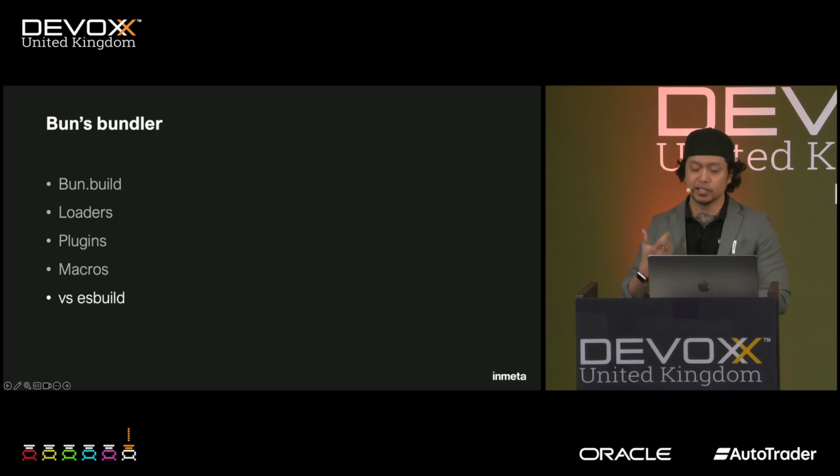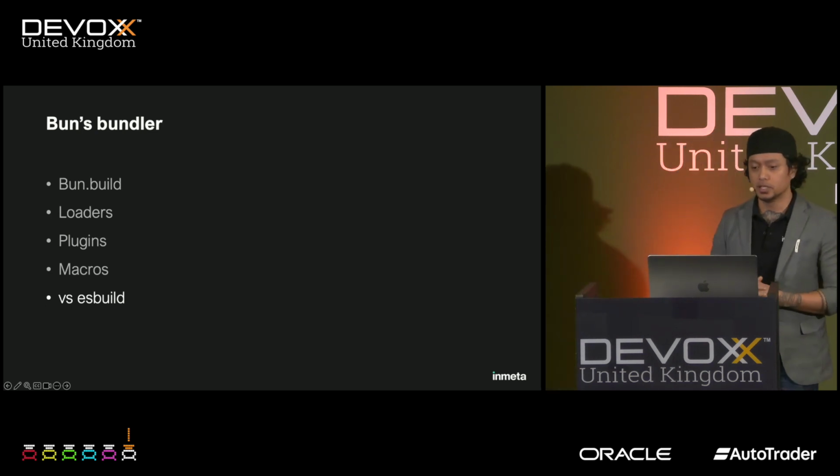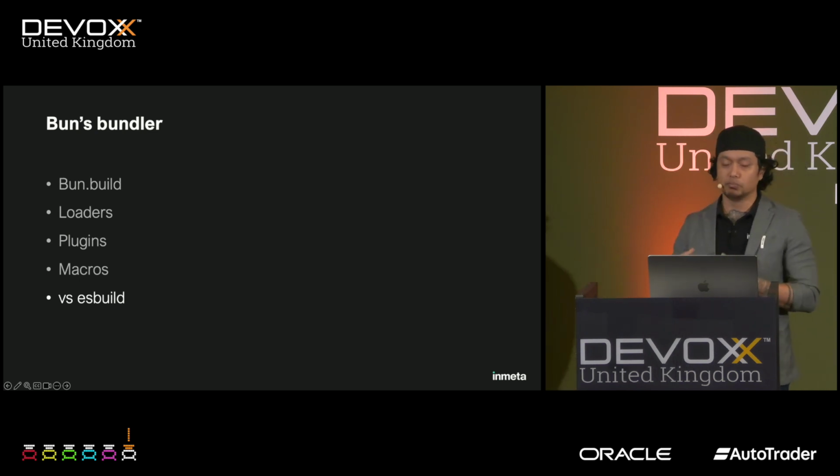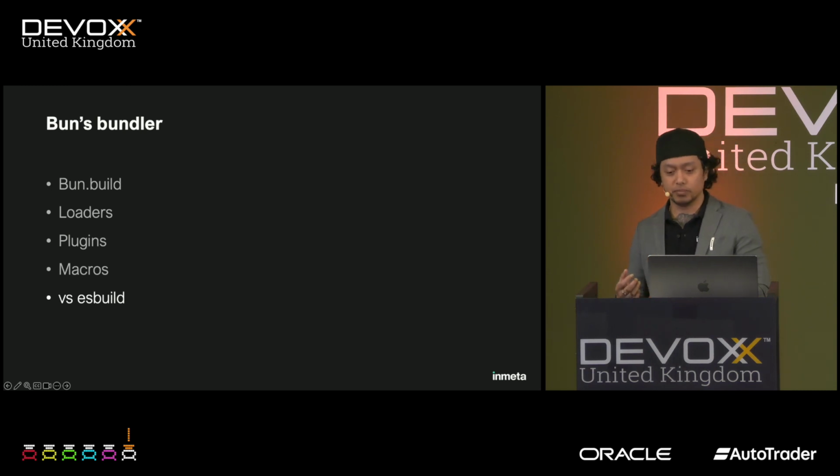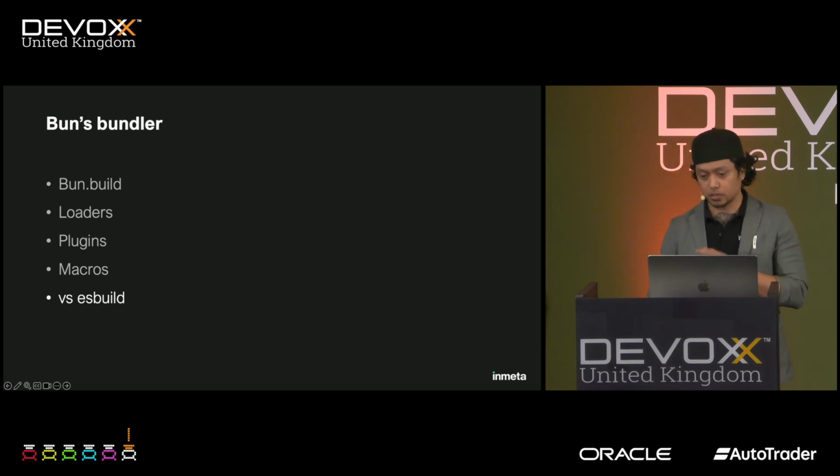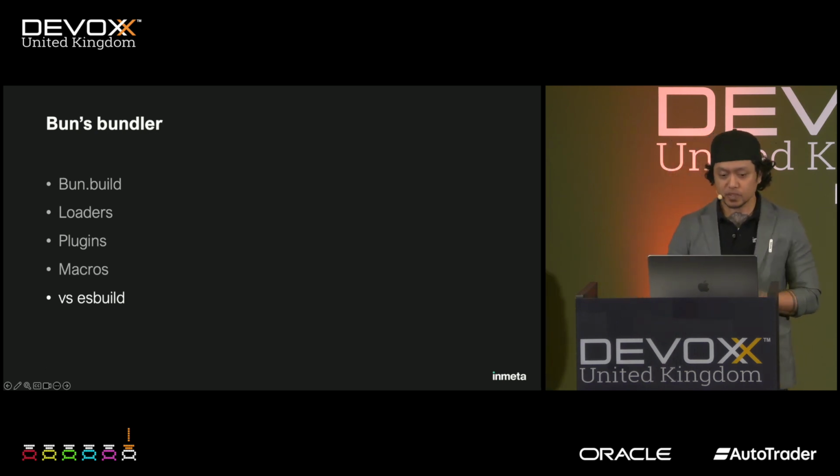You don't have to use this --bundle. There's no built-in development server or file watcher. It's intended to run with Bun.serve and other runtime APIs. And Bun doesn't support esbuild's entire plugin API surface, but the core functionality is implemented.